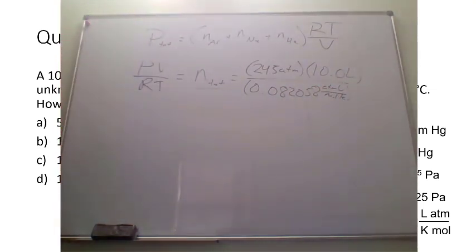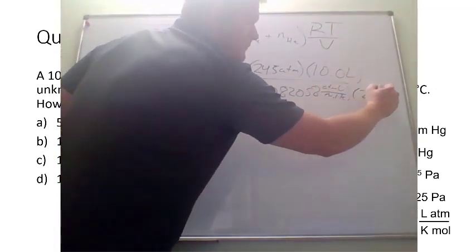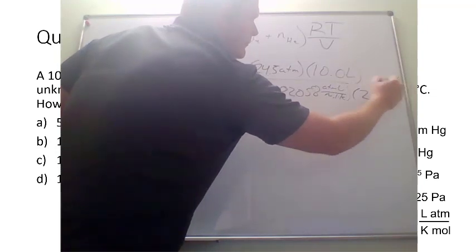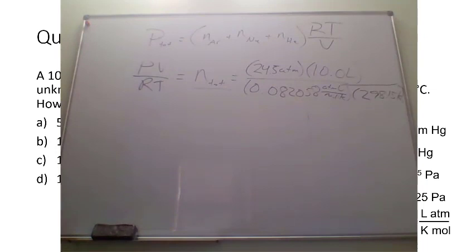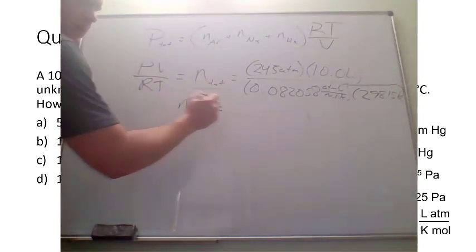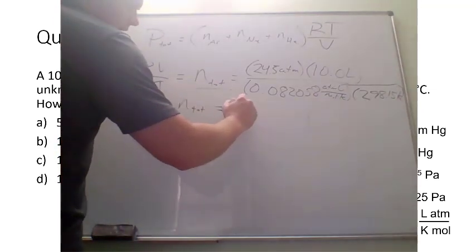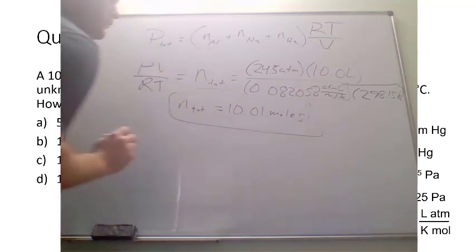And our temperature, 25 degrees turned into Kelvin, we know is 298.15. Okay, so we can solve here and say that our number of moles total is going to be equal to 10.01 moles.